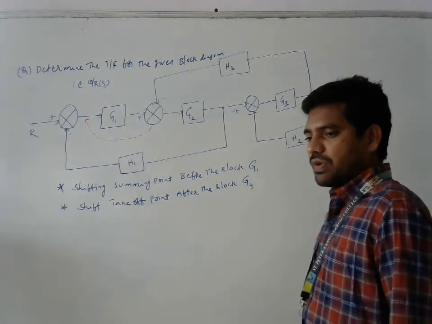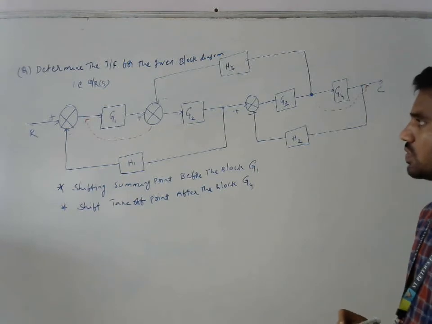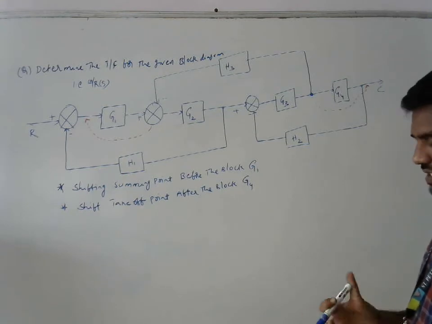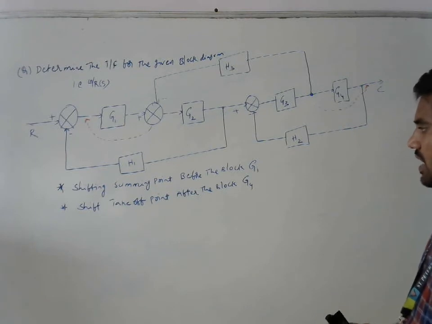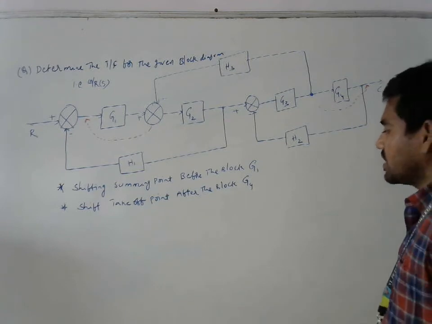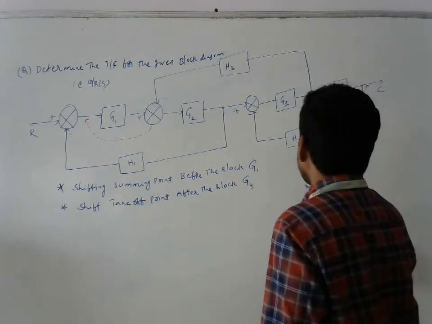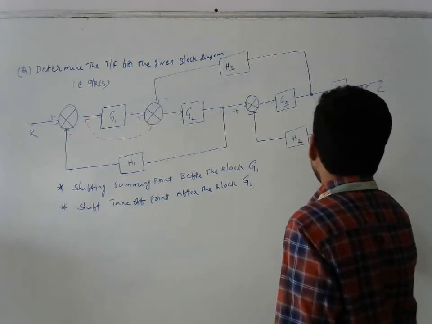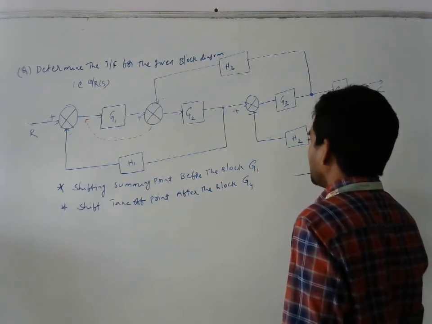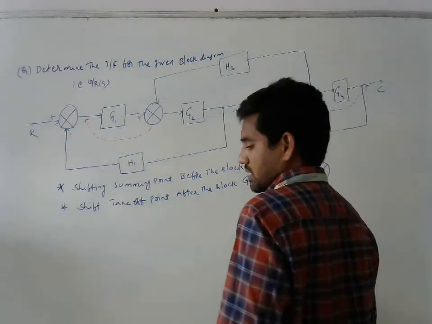Now, whenever we do this, what do we need to do? If I shift the summing point before the block G1, or shift the takeoff point after the block G4, what is the rule we discussed? Shifting the summing point before the block: it is now after the block, and only then can we shift it before the block.